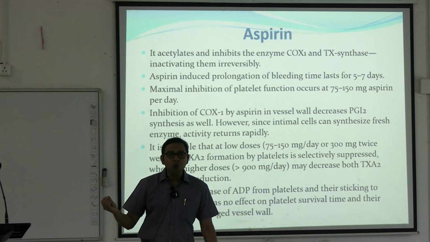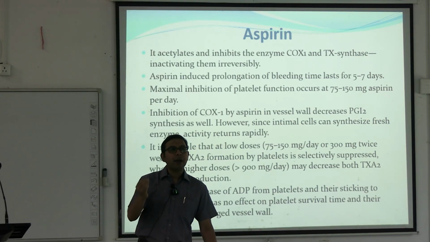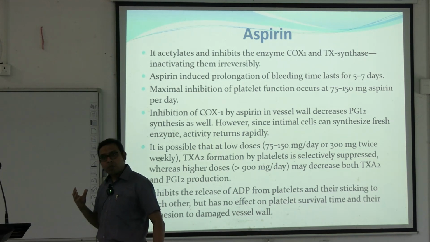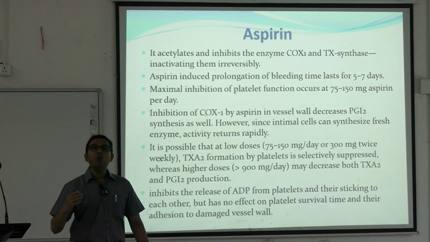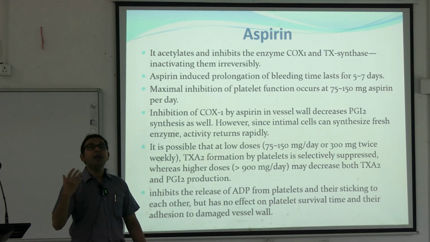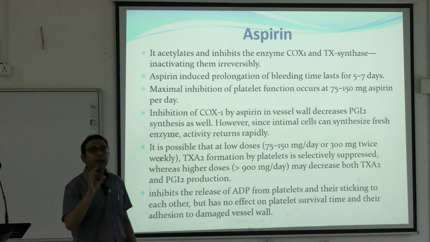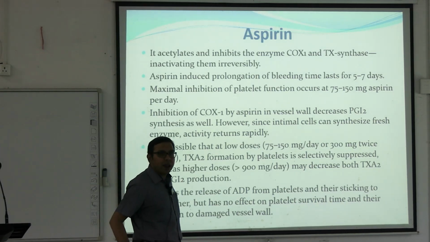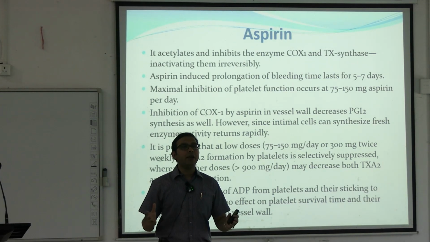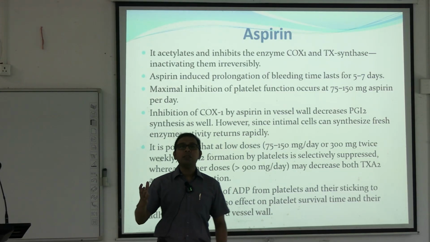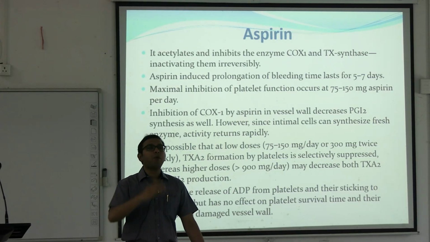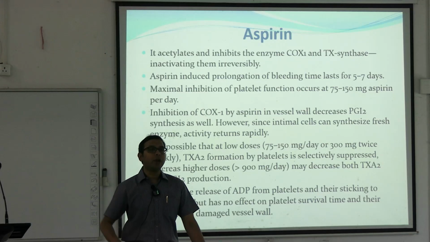So the low dose blocks thromboxane A2 synthesis but does not block prostacyclin I2 synthesis. Prostacyclin I2 is synthesized from the vasculature and is a vasodilatory material. Its action is just opposite of prothrombotic, that is, it is a non-thrombotic material.